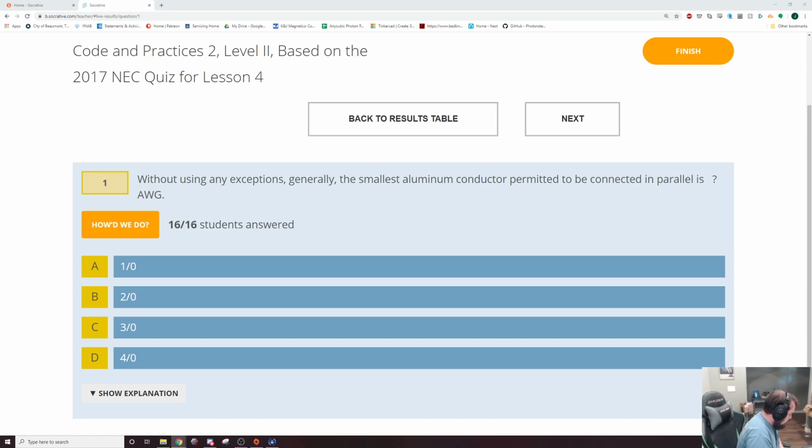It would help to know that Article 250 is grounding and bonding, so you can cut out the Article 250 sections. 300.3, 300.5, 300.20, those sound reasonable. 310.10 also sounds reasonable, so let's start with that. These should all be right in the same section of the book.